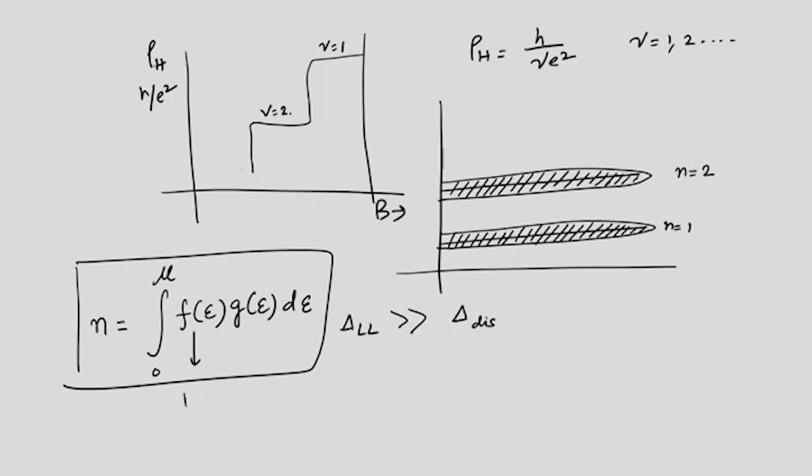This is the Fermi distribution function, FD distribution, which you know from your elementary statistical mechanics, that f of epsilon is equal to 1 over exponential beta (epsilon minus mu) plus 1, and G of epsilon is the density of states. Okay, and this will give you this n, which is the carrier density.